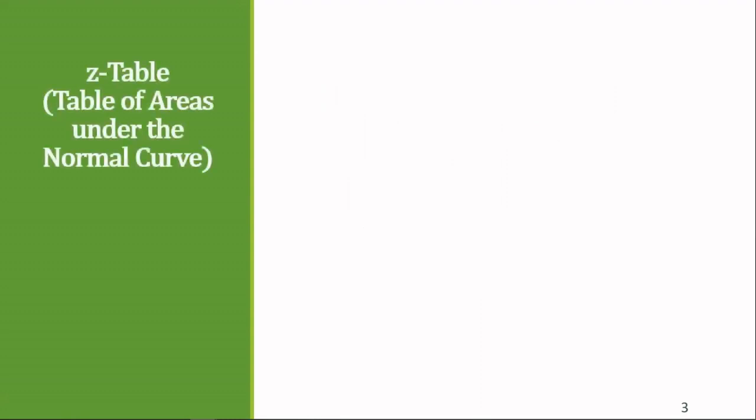Okay, for this specific lesson, we're going to use the z-table, also known as the table of areas under the normal curve. The common name of this table is table of areas under the normal curve, but in simplified form, it is also known as the z-table.